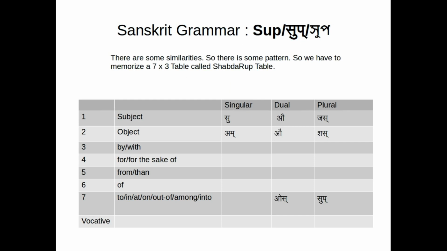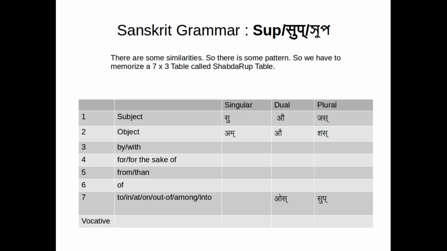These vibhaktis are su, au, jas, am, au, shas, ta, bhyam, bhis, ne, bhyam, bhyas, etc. So there are 7 cross 3, that is a table of 21 entries which we have to memorize.